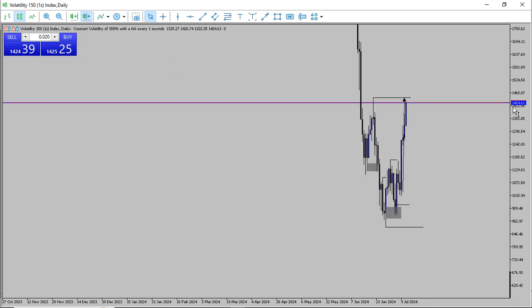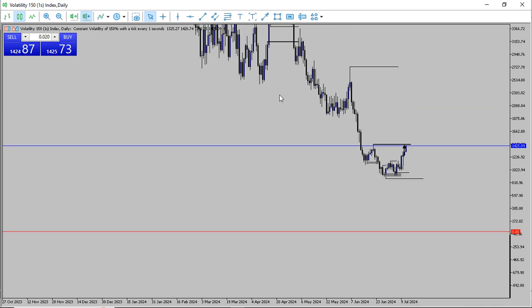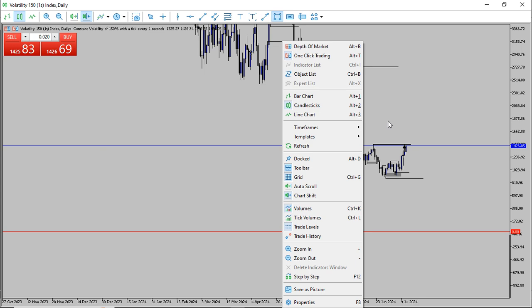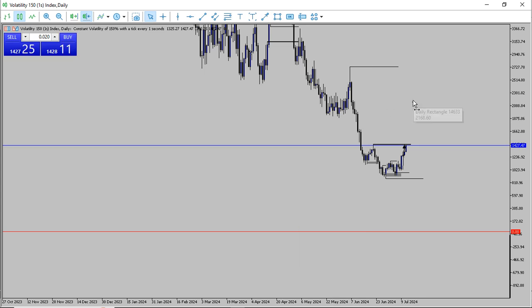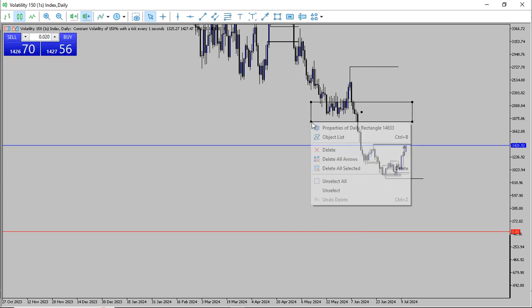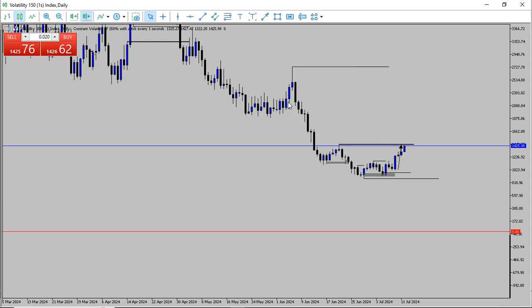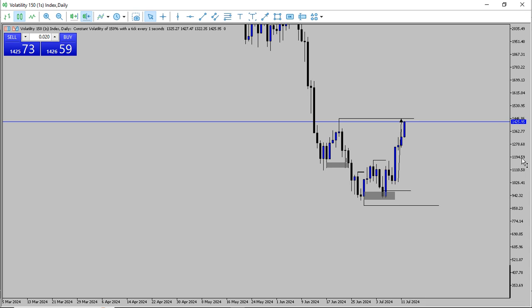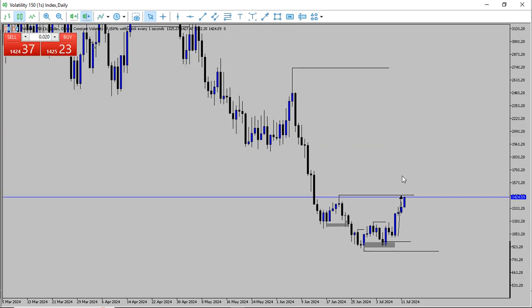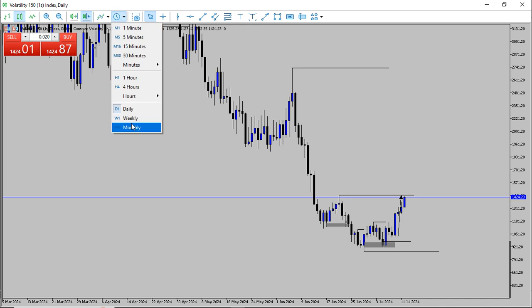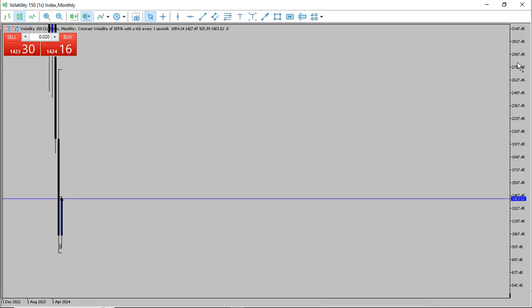But there are some cases where I see some structure, and I feel like I'm going against the whole trend, and that is fine. But I will explain the things that I see that make me want to take those entries.